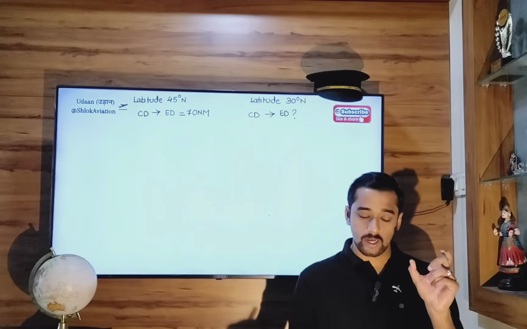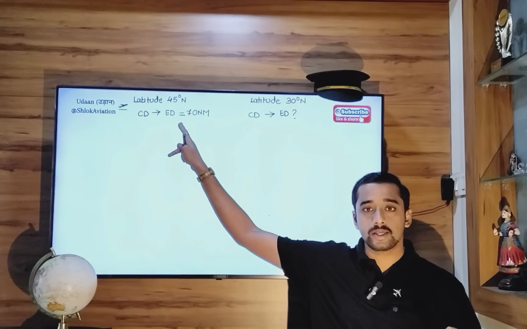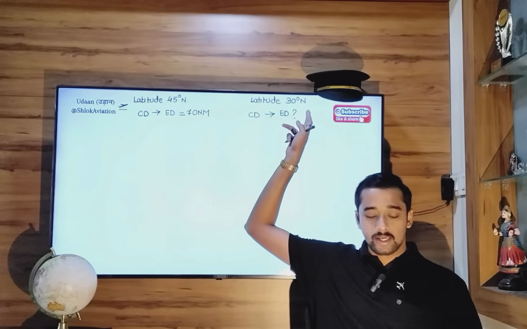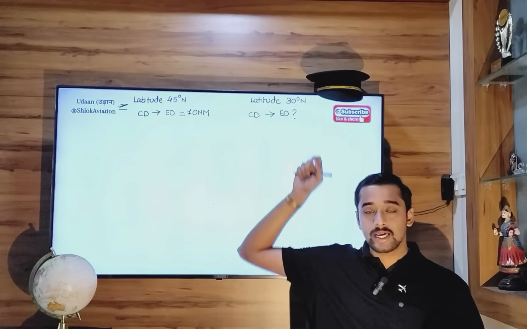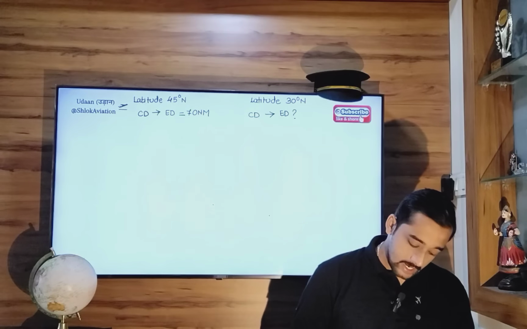Okay. So at 45° north latitude, a certain chart distance is equal to an earth distance of 70 miles. We have to find at 30° north latitude, the same chart distance will be equal to how many earth distance? Now there is a direct formula here.